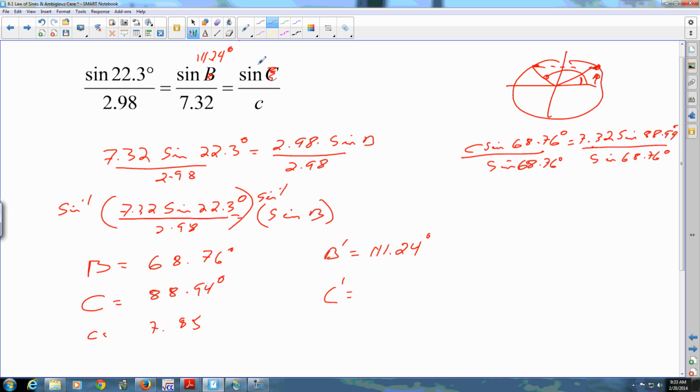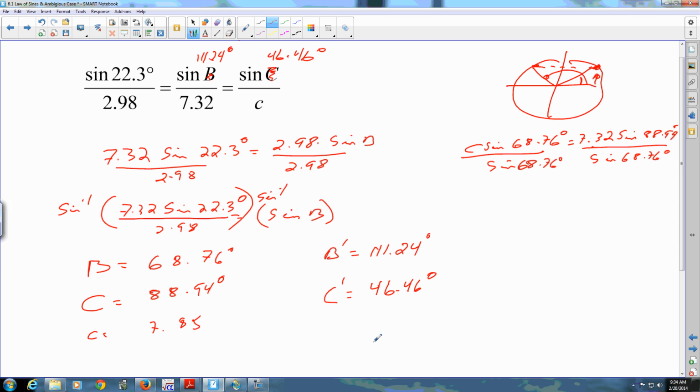So you go 180 minus the 111.24 minus the 22.3, which gives you, oops, I didn't type in the 111. Okay, let's try that again. 180 minus 111.24 minus 22.3 gives you a different angle C of 46.46 degrees.